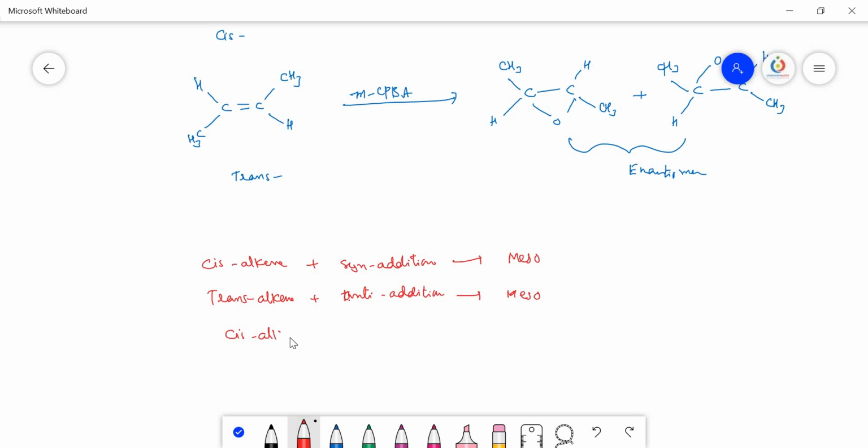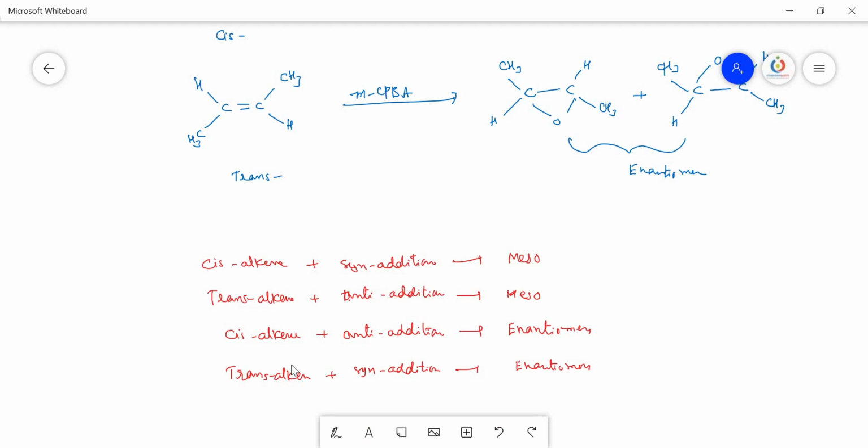Cis alkene plus anti-addition, both are opposite, no? So you will get two products. They are enantiomers. And a trans alkene plus a syn addition, again you will get the enantiomers. So in this way we can solve the questions. Let's try to solve some other questions now.